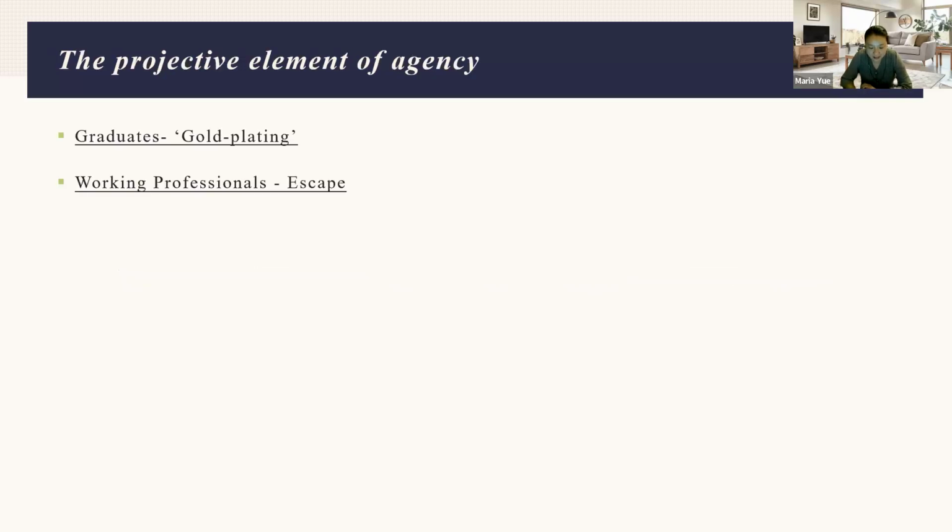Okay, and next, let's look at the second element of agency. We find most graduate participants initially looked for jobs domestically in China before choosing to study abroad. But because they faced limited opportunities in China, they hesitated to accept positions perceived as misaligned with their qualifications.